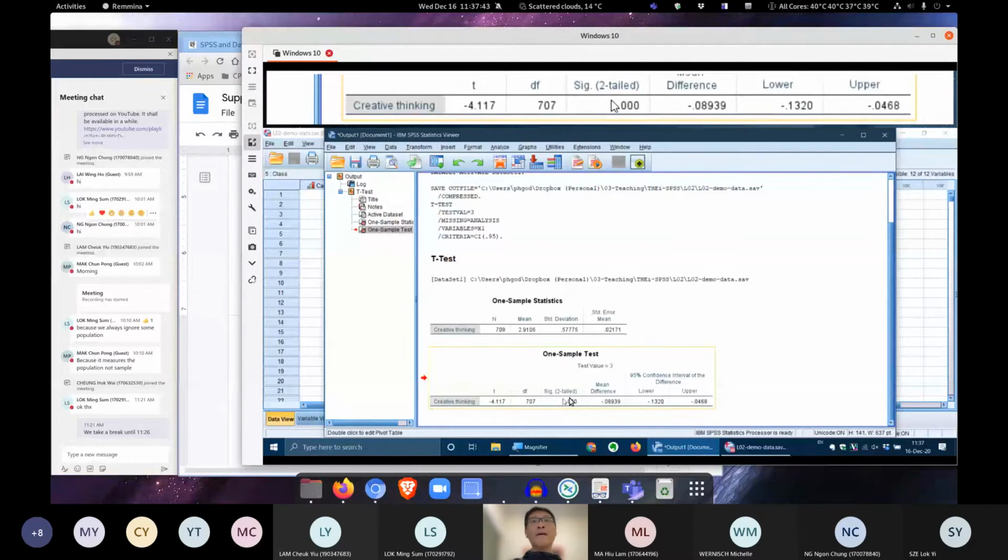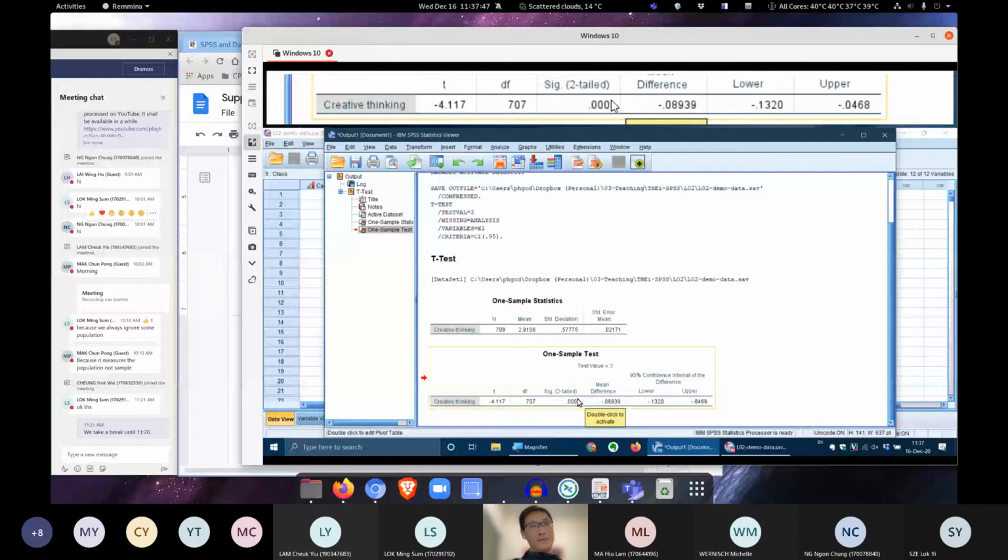Now the p-value here gives you 0.000. So again, we want to know if the p-value is smaller than 0.05, because the p-value gives you the probability of making a mistake if you reject the null hypothesis.